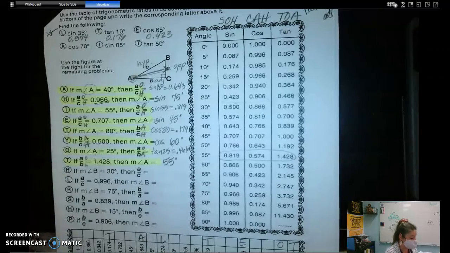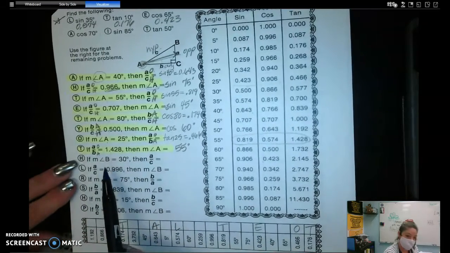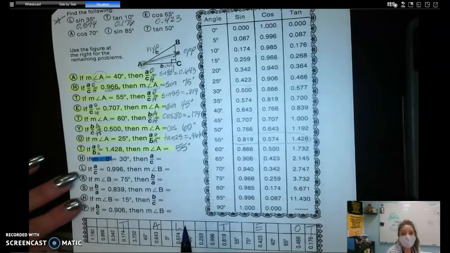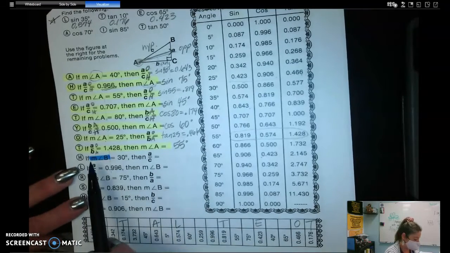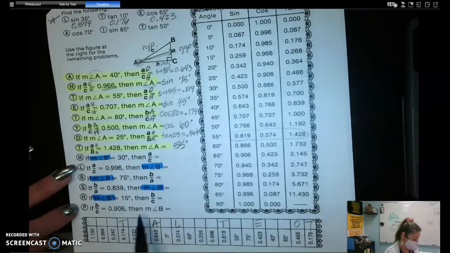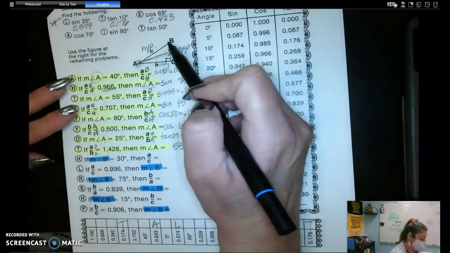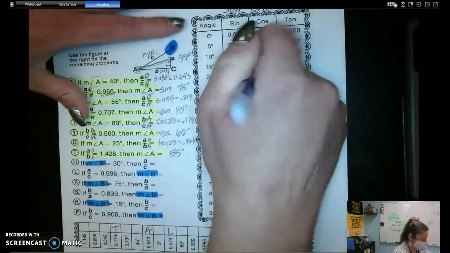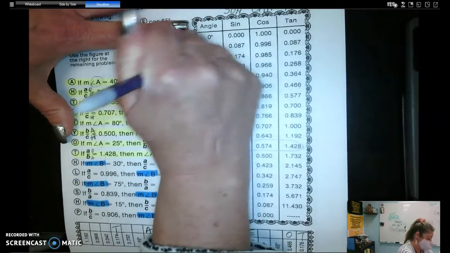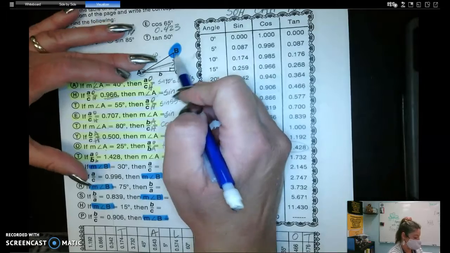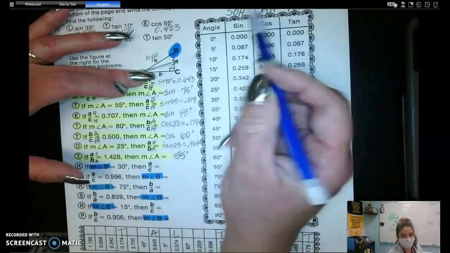Here's what's going to get a little bit hairier when you get to problems at the bottom. Okay, angle B is where your eyes are going to focus. So for all of these problems down here, now we're looking at angle B, and so your focus changes on the triangle, and what that means, as I erase it for you, is that the sides are going to change, okay?